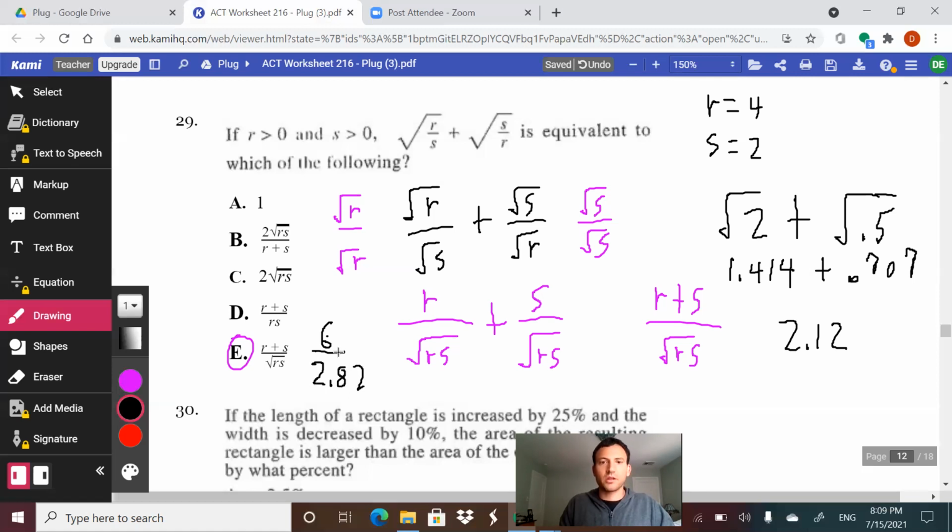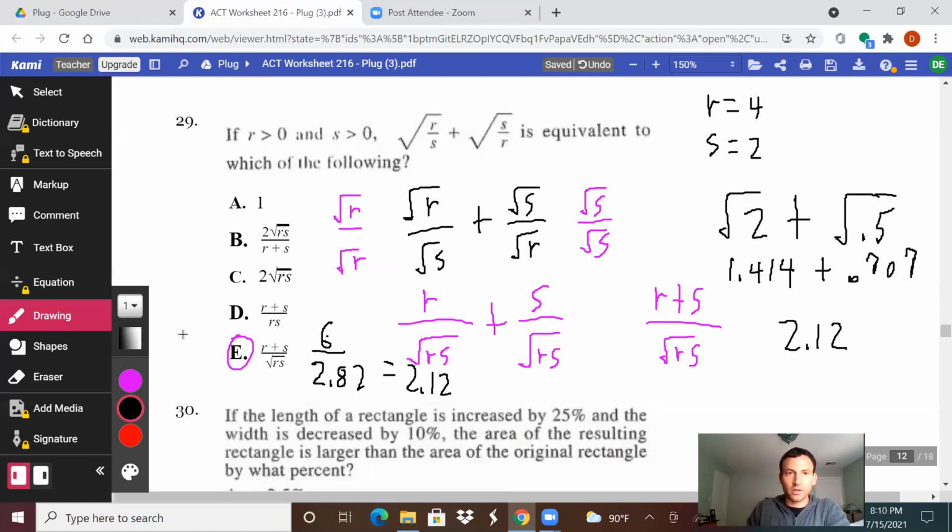I really apologize here. 6 divided by 2.82, and there we go. We get about 2.12. So I really apologize for that. I probably wasted about 5 minutes of your time. But just to clarify, if you plug in numbers and you actually are careful with how you're doing it, you will get a match on this one.